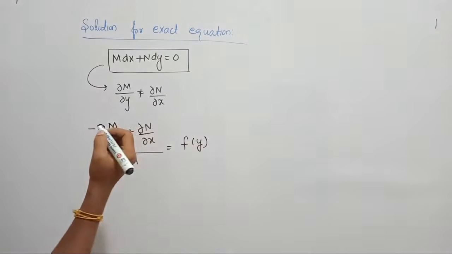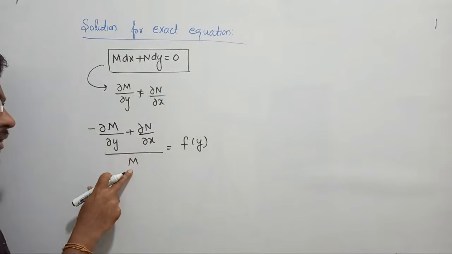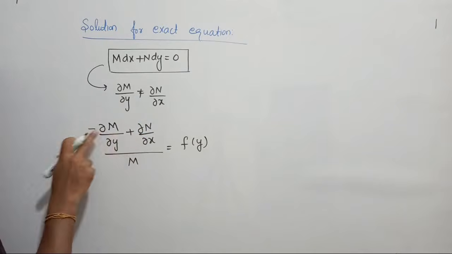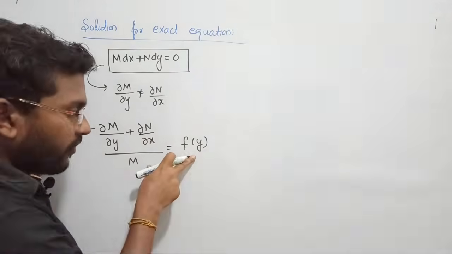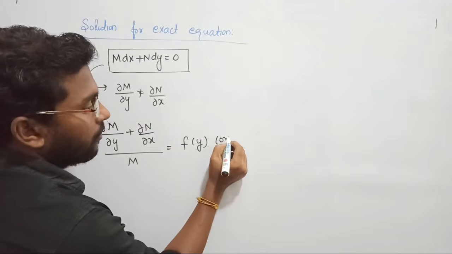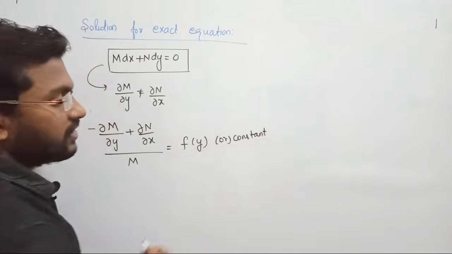It can come in this format, just opposite to the previous one. Previously where there was minus, now there is plus. Initially I was dividing it by n, now it is being divided by m. Resultant, I was getting x, now we are getting it in terms of y, or it might be constant. That is the second format. You can also expect the answer in this format.